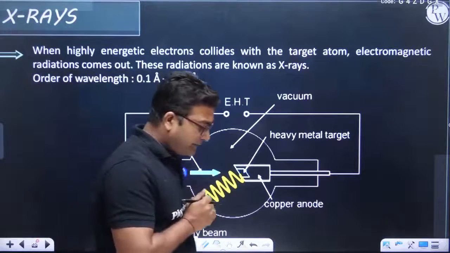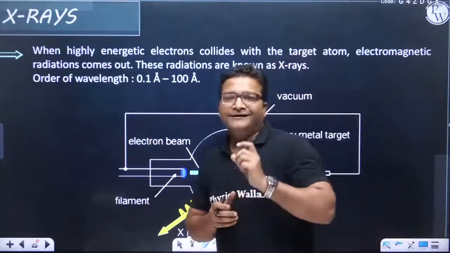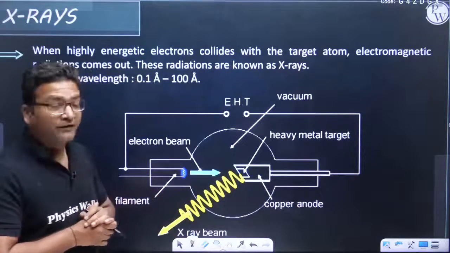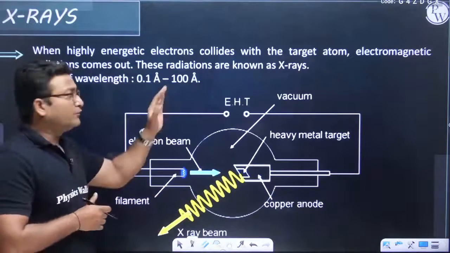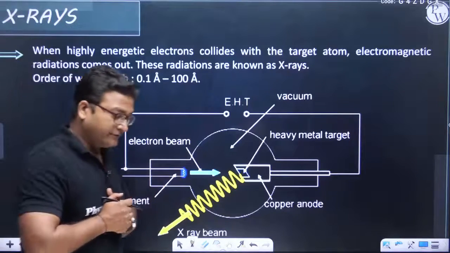X-rays are basically a part of the electromagnetic spectrum, and when the wavelength of electromagnetic waves is between 0.1 angstrom to 100 angstrom, these electromagnetic radiations are called X-rays.